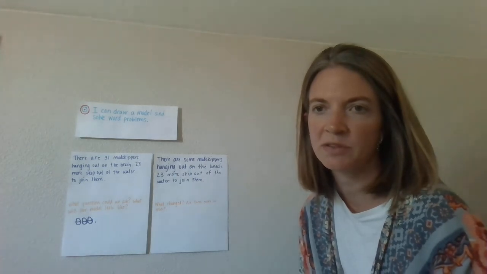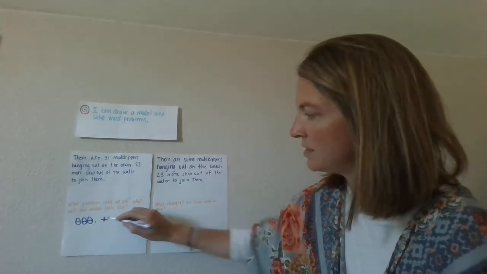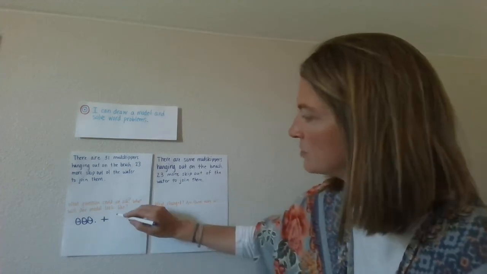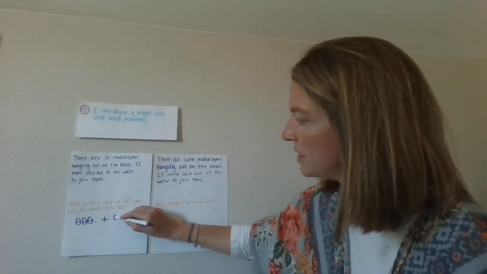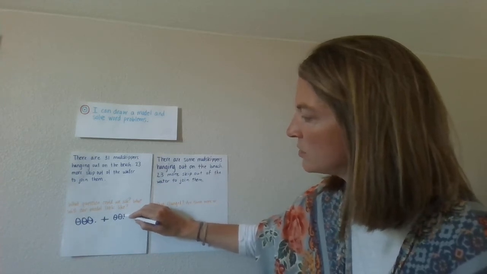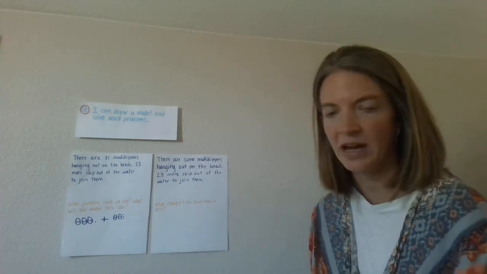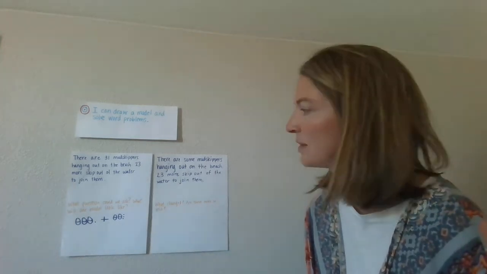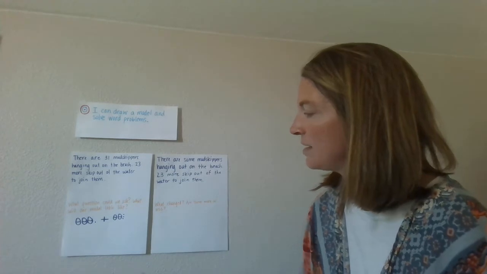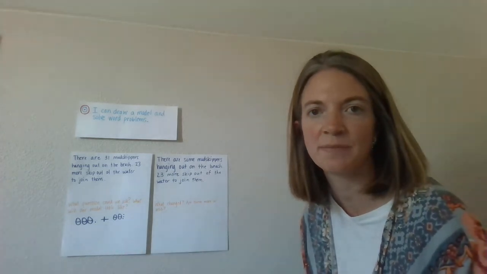So I know this number is going to get bigger, so I'm going to model this by showing a plus sign. And I'm going to use my tens and ones to draw 23. So 10, 20, 21, 22, 23. And what question could I ask about this? I could say, maybe how many mud skippers were there altogether on the beach?